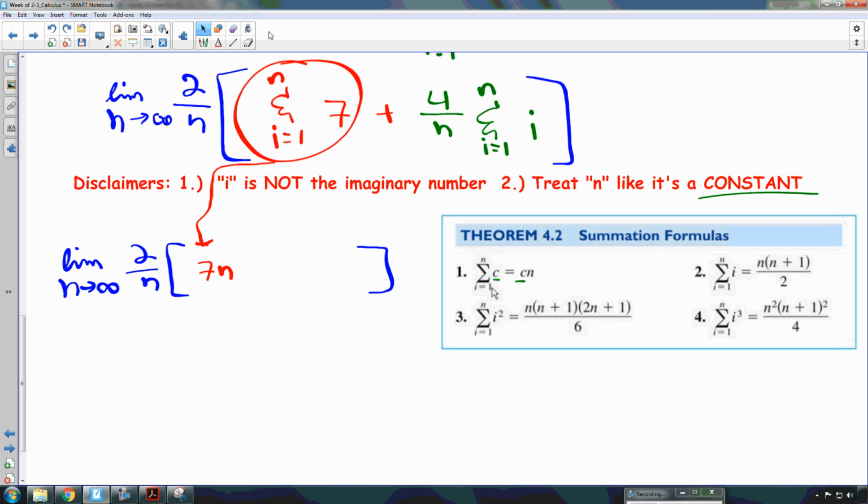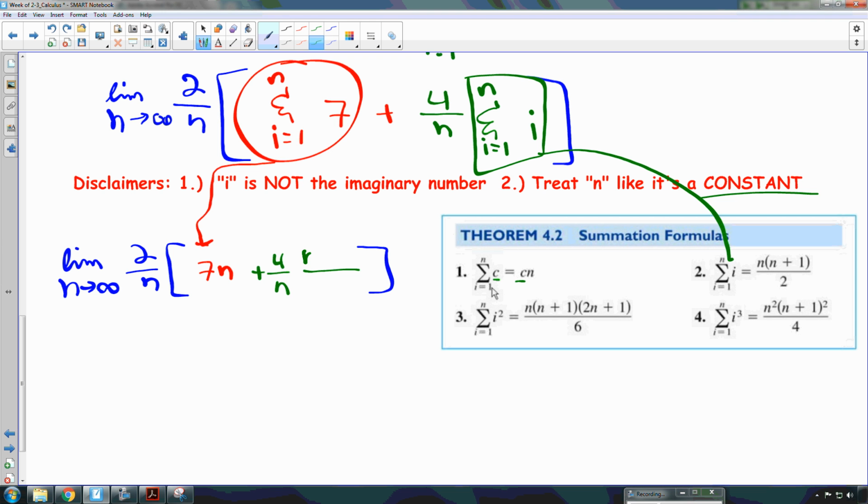Now let's go to the green one. We know the 4 over n is just hanging out. And then we have exactly this in the box. Can you look up exactly that from the bottom? Yes, it's right here. So I'm just going to replace it with what they have there, which is n plus 1 over 2.